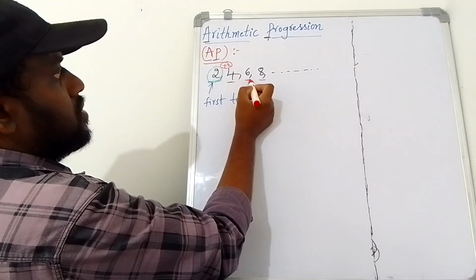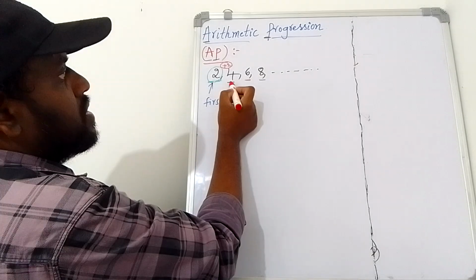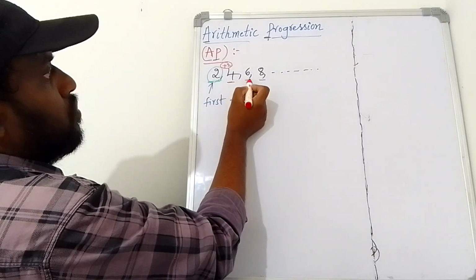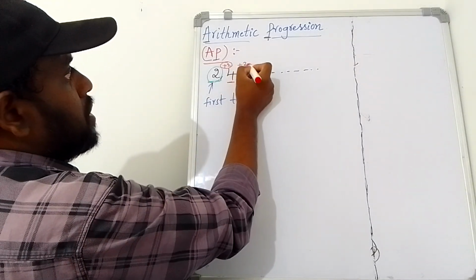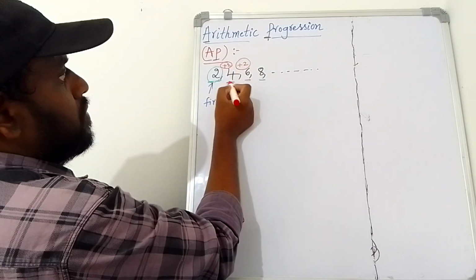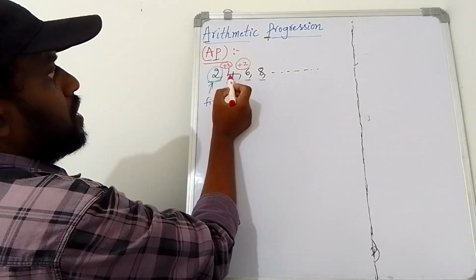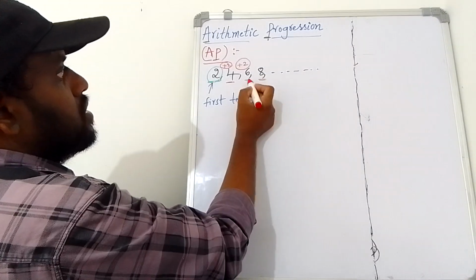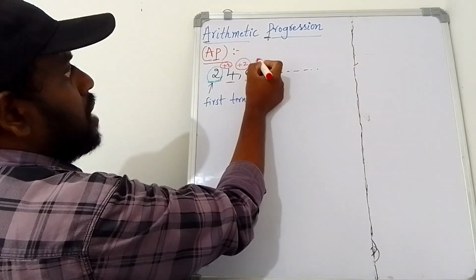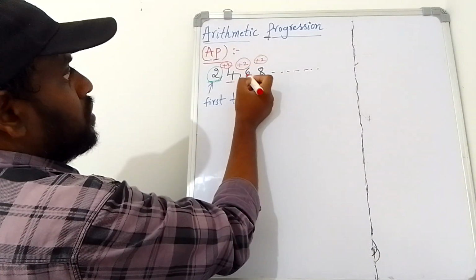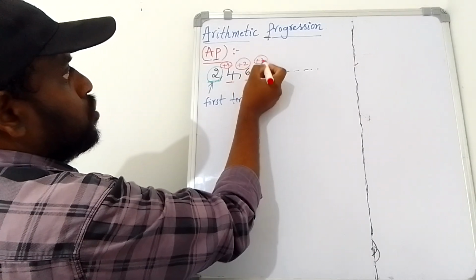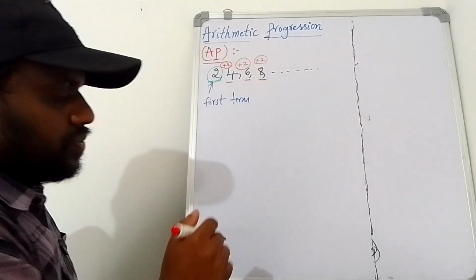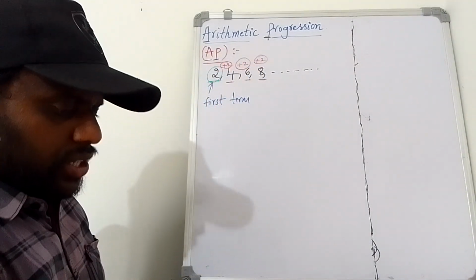Similarly, consider 6. 4 is the previous term for this 6. When you add plus 2 to the previous term 4, we get 6, because 4 plus 2 is 6. Similarly for 8, 6 is the previous term. If you add plus 2 to 6, 6 plus 2 is equal to 8.